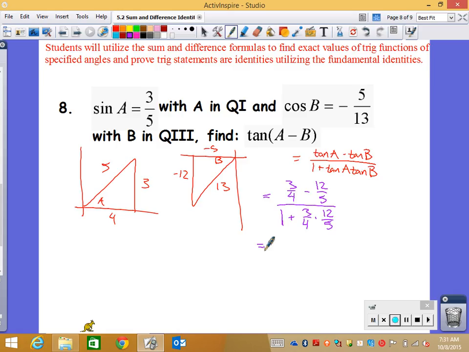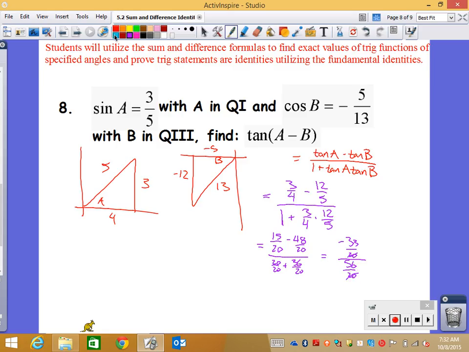So when I do that, my numerator becomes 15 over 20 minus 48 over 20, all divided by, this 1 will become 20 over 20. When I multiply this fraction out, I end up getting plus 36 over 20. Okay, that numerator becomes negative 33 over 20, all divided by 56 over 20. Notice my 20s cancel here.